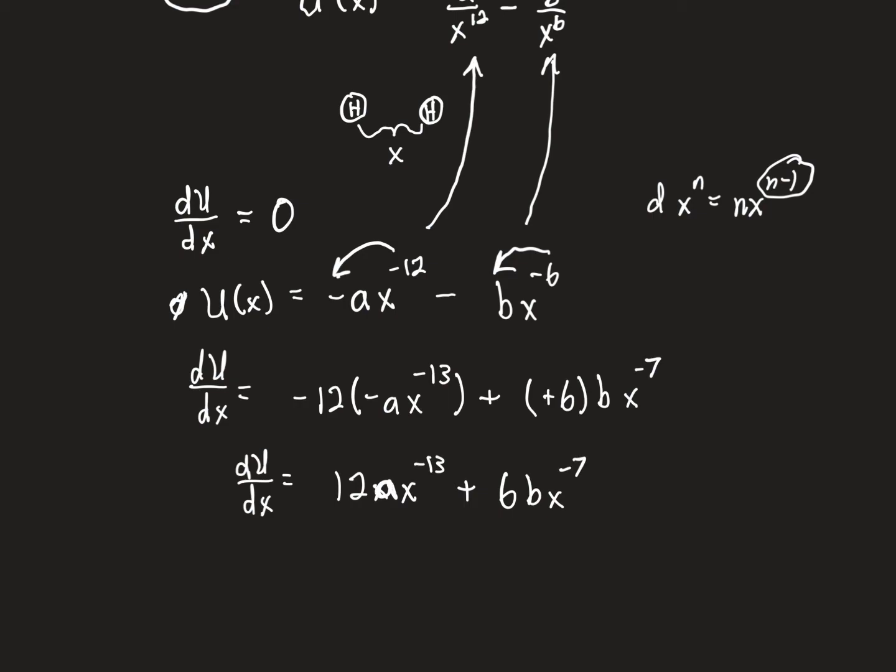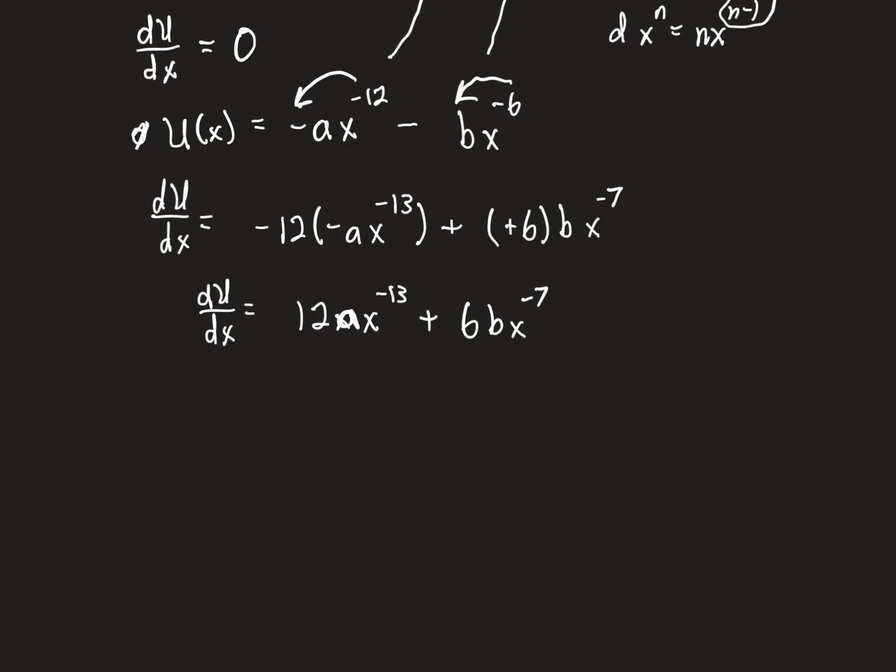I want to know the position where this function is a minimum. So I need to set that derivative equal to 0 and find the value for x. So I have 12 times A x to the negative 13 plus 6 times B x to the negative 7, and that's got to be equal to 0.